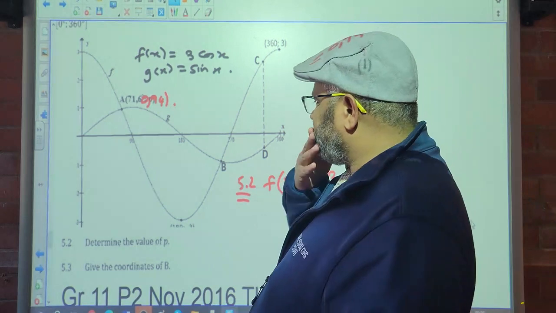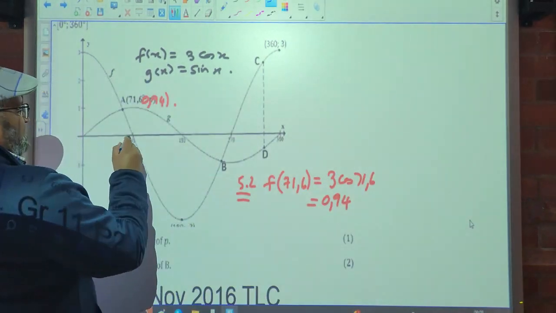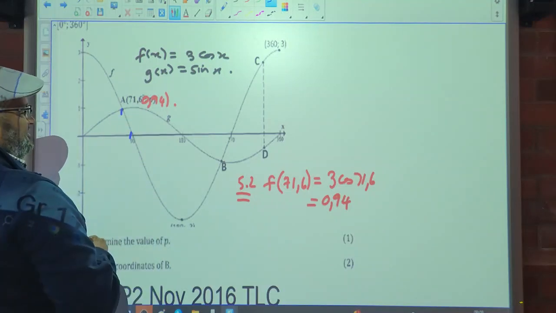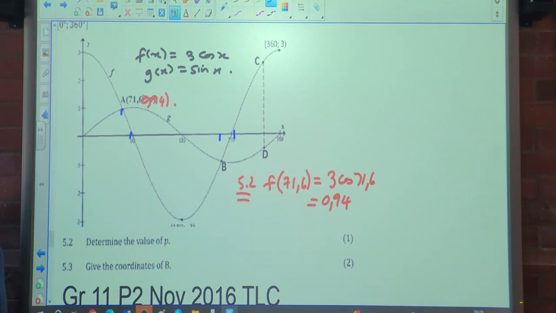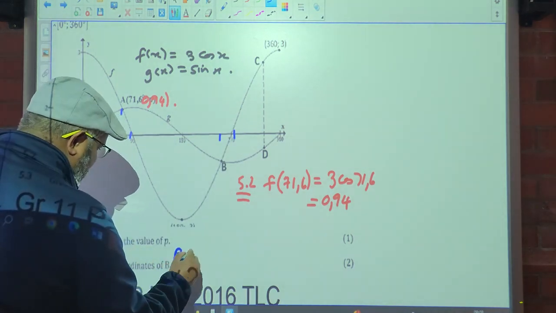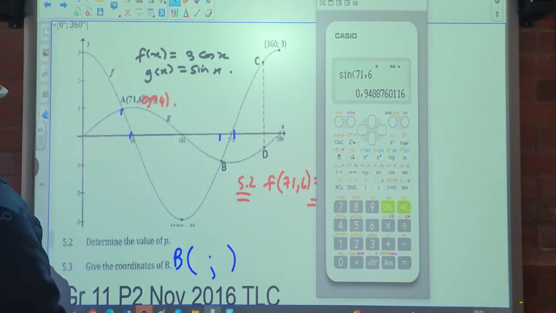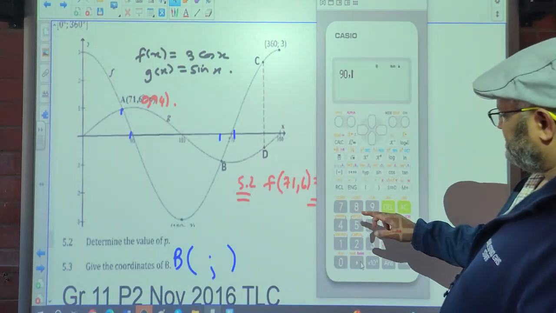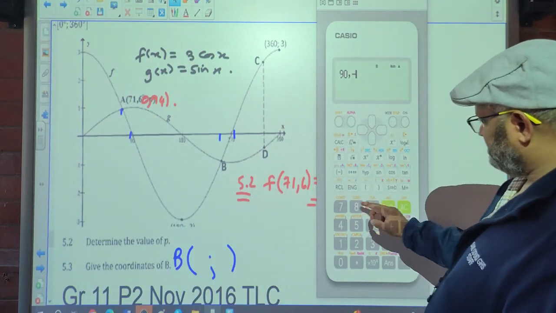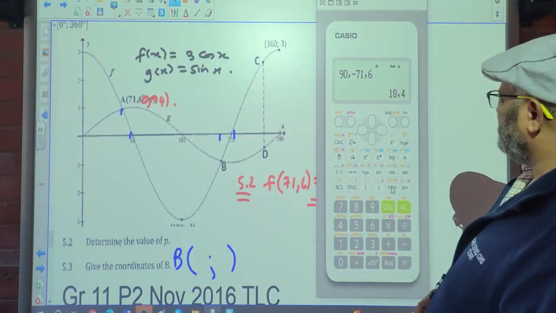The coordinates of b. Now if you look at b, you see that the distance from 90 to point A is the same distance from 90 to point B. Can you see that? So to get b's coordinate, what's 90 minus 71.6 gives an answer of 18.4.